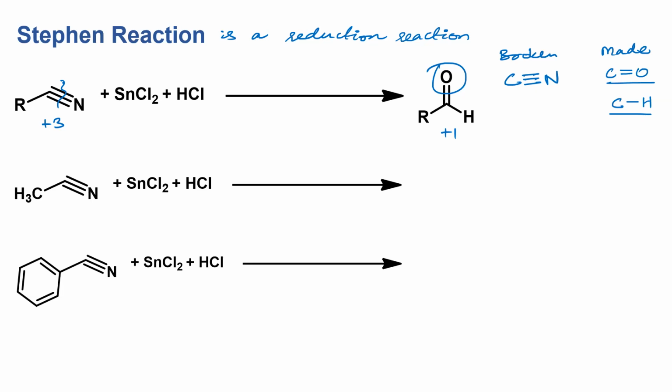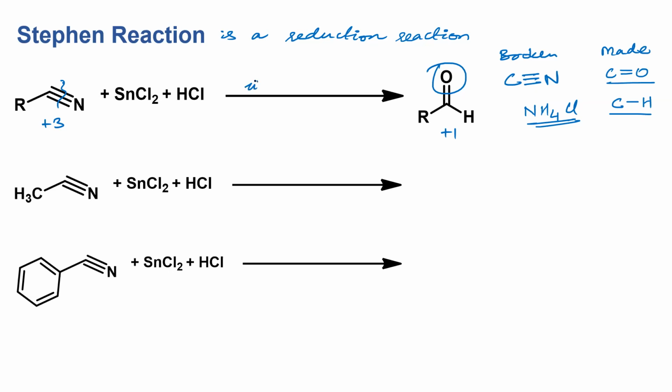So what happens to the nitrogen? Nitrogen makes NH4Cl. There is one more step here.